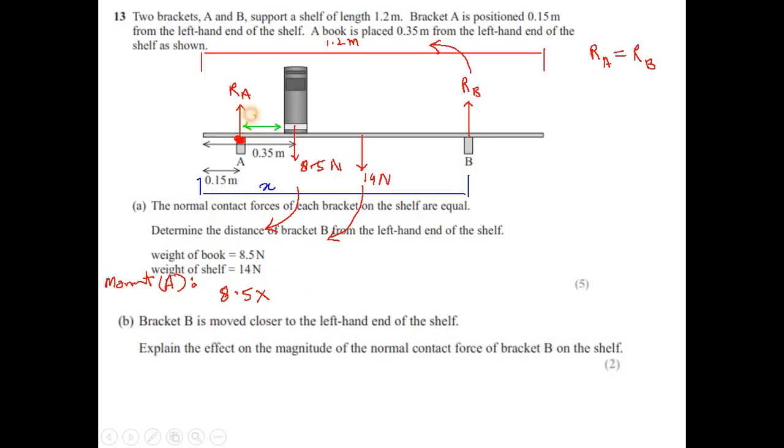So you can write here 8.5 times 0.2 plus another clockwise moment due to 14 Newton. So 14 times a pivot distance. In this case, the pivot distance of the shelf weight is the distance from here till here.